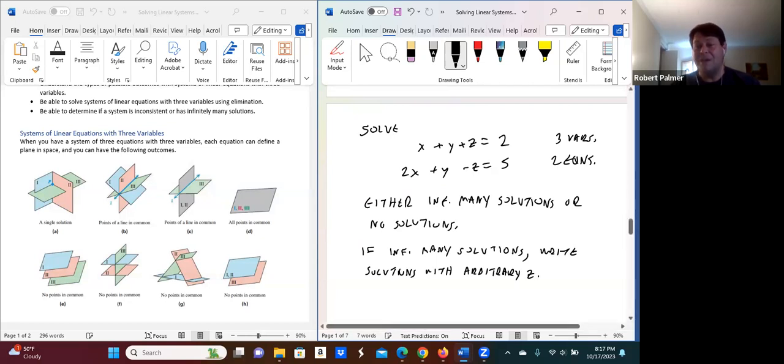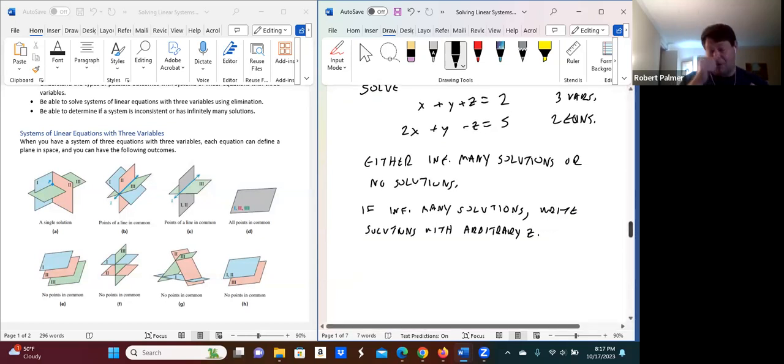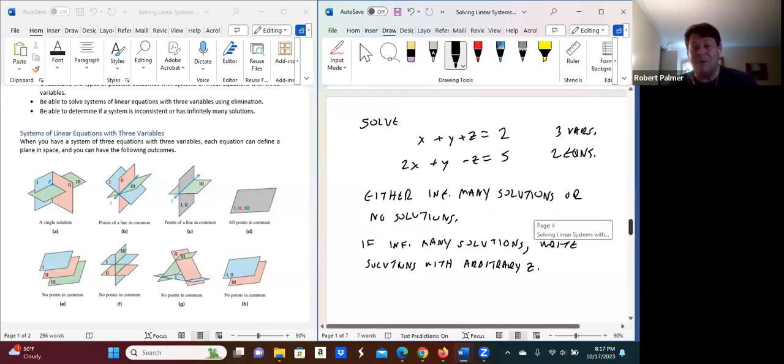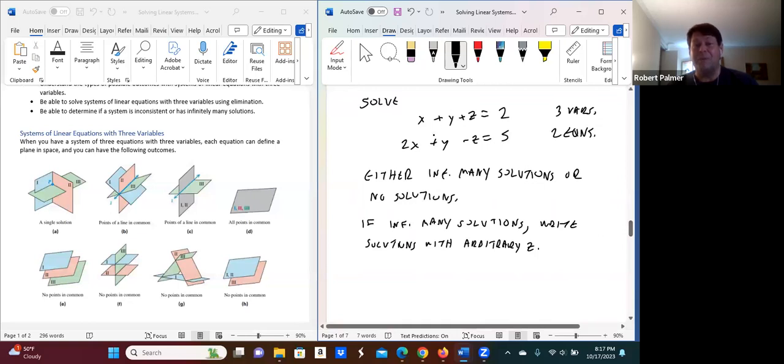Essentially, z is going to be a free variable, or an independent variable. I'm going to explain what that means. In order to make z our independent variable, we're going to pick another variable to eliminate. Let's pick y. Okay, let's eliminate y.